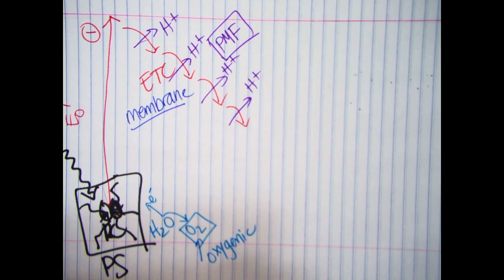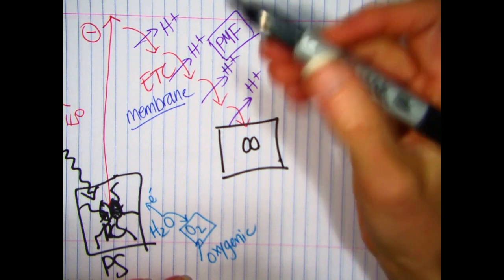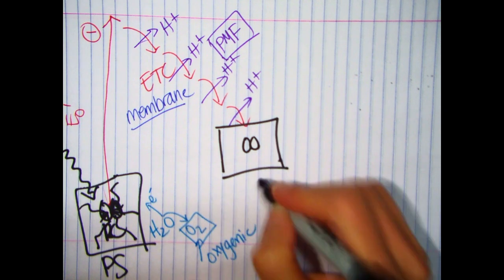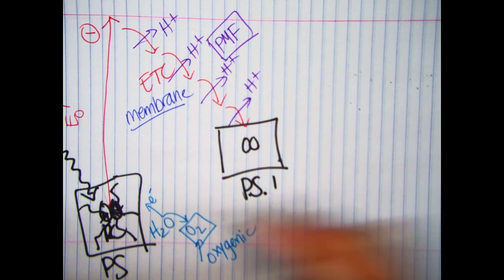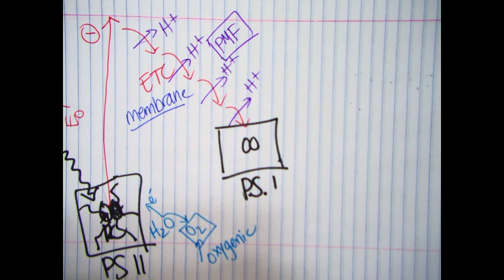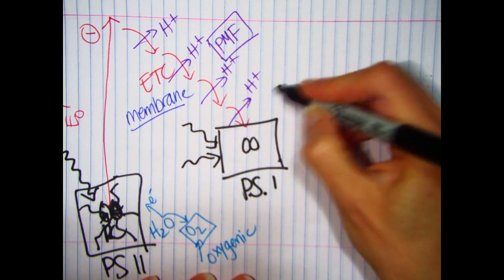Ta-da! Okay, so this electron goes down the electron transport chain and has to go somewhere. Very mysteriously, it goes to a reaction center chlorophyll in the middle of a photosystem. This is another photosystem, and this one is actually called photosystem 1 because they discovered it first, and this one is photosystem 2. It is not super important that you know that, but you'll hear it lots. So what photosystems do is absorb light energy.